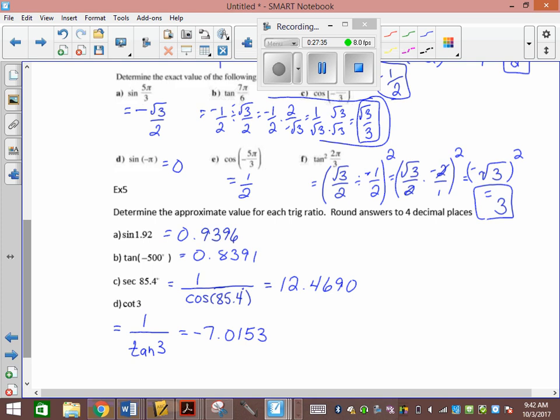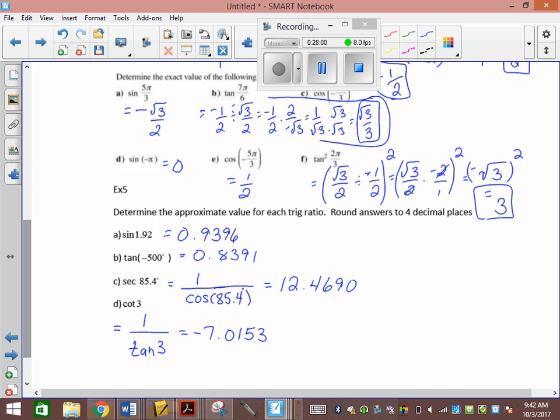Now, guys, back here, say I wanted to check if this is right. Tan of 2 pi over 3. 2 pi over 3 is in radians, correct? So if I went to my calculator, made sure it was in radians, I'd go tan 2 pi divided by 3, get my answer, and then do what with it?